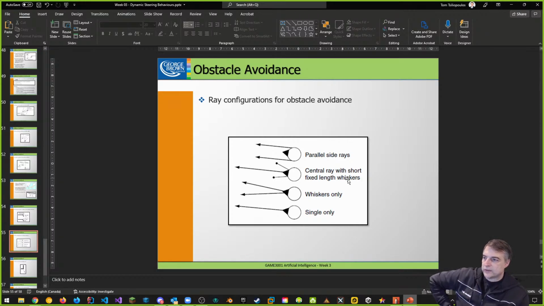And if you think about that idea of whiskers, that's how cats actually navigate tight spaces. They're using their whiskers like ray casting. Cats, mice, any of those rodents, even anything that has hair or follicles on the front of their face, a lot of these animals use ray casting in the form of whiskers to detect, can I fit my face in there?